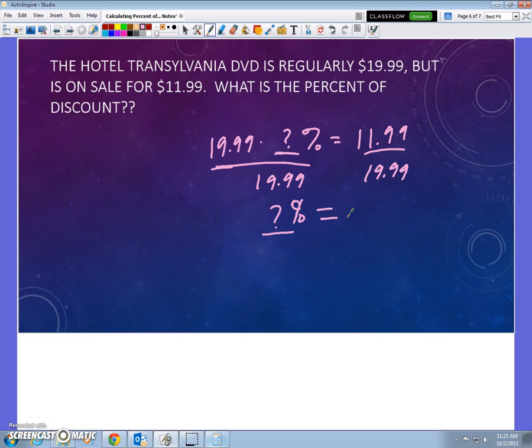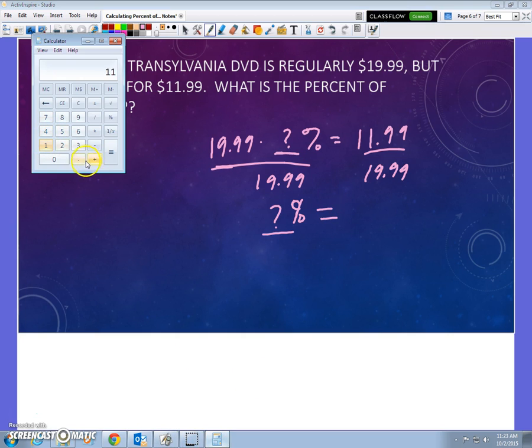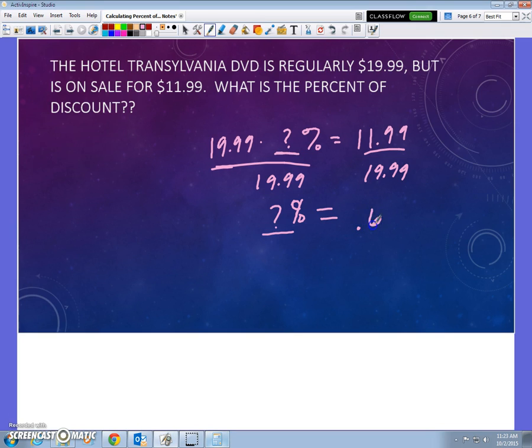When I do $11.99 divided by $19.99, I get, we're just going to say 0.60. But now remember, this is the percent as a decimal, so we're going to move it back to 60%. So we are paying 60% of the price, but that means that we're not paying 40%. It is 40% off.